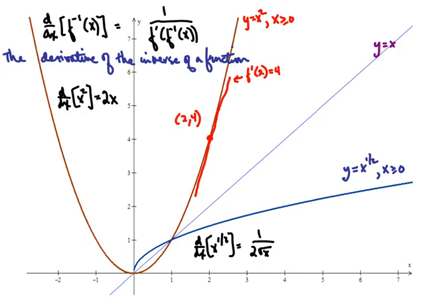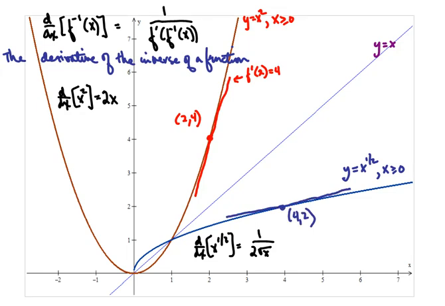Well, let's look for a second at the point on the inverse curve. So if 2, 4 is a point on the curve y equals x squared, then 4 comma 2 is a point on the inverse of x squared.